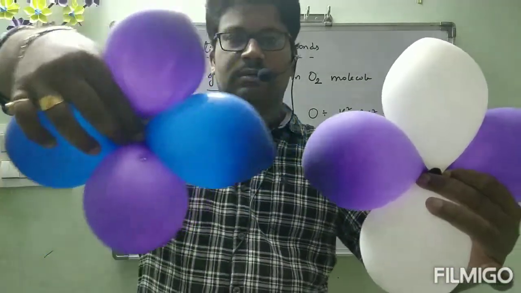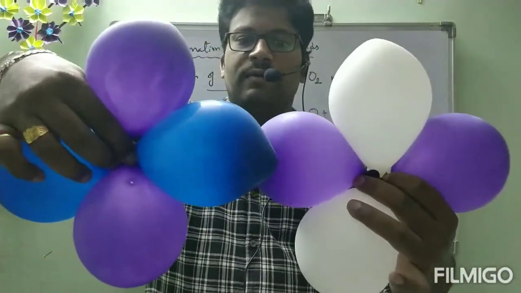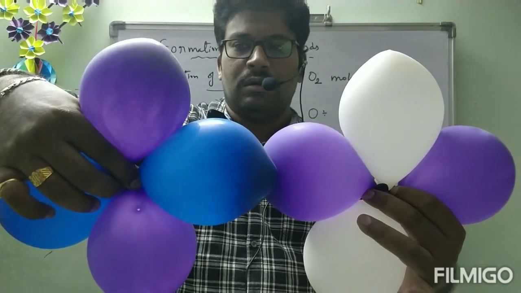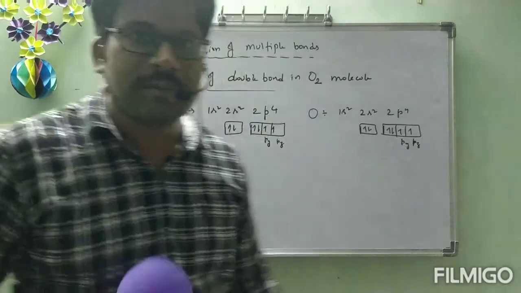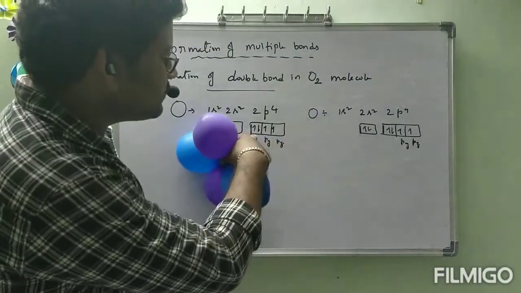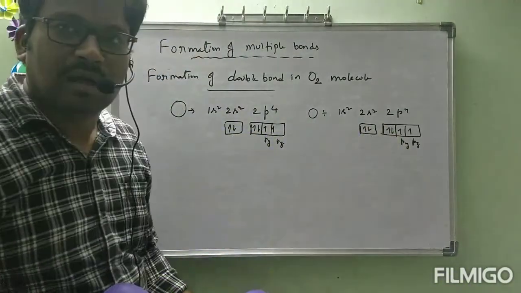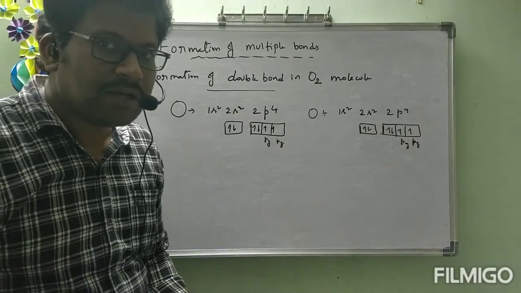Okay, nice. See here, ma? These two are involved in complete overlapping. One more orbital actually should be there. That orbital contains lone pair of electrons, no? Sorry, this one, X contains lone pair of electrons, no? It is not involved in any bond.